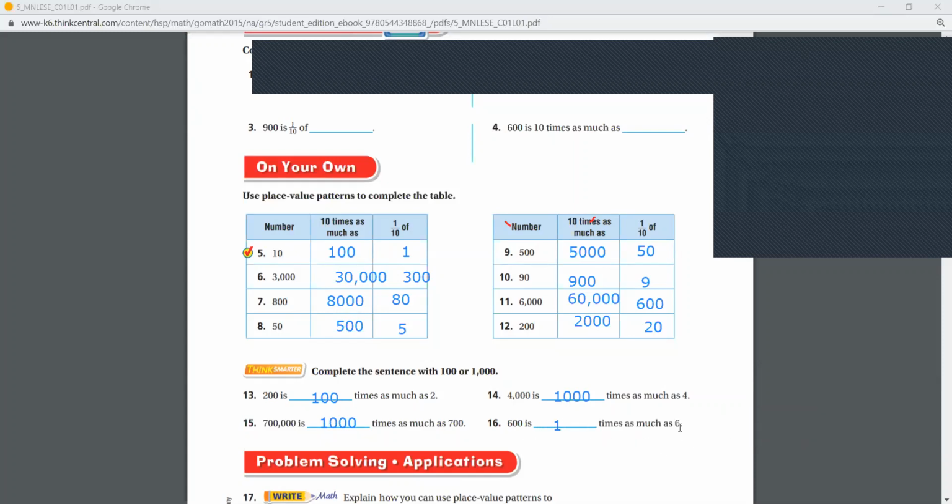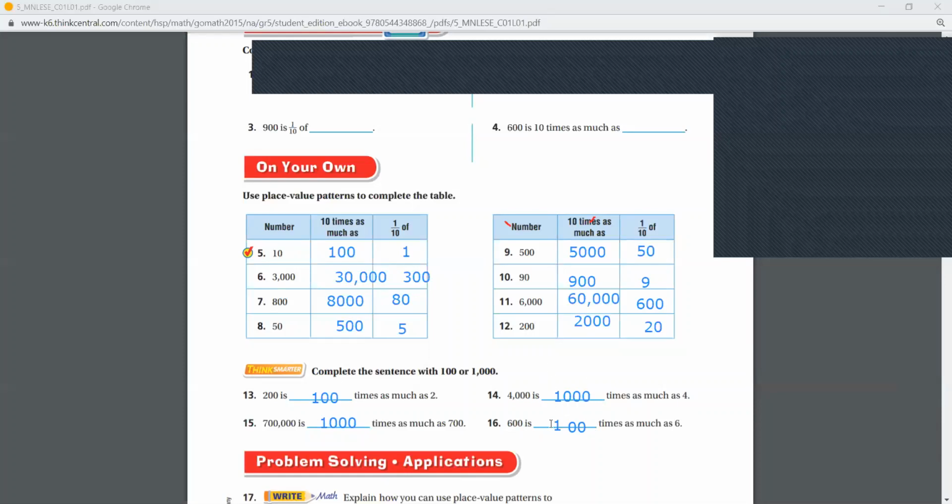Because 6 is already here. You got my point? The number that isn't here, you just put it. But see, it was 4, and the answer had 4 with 3 zeros. So 3 zeros, you have to put 1,000.